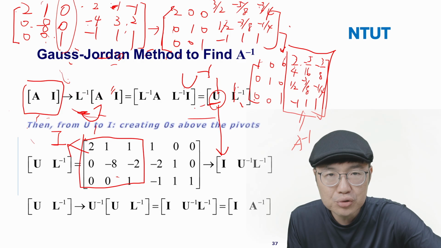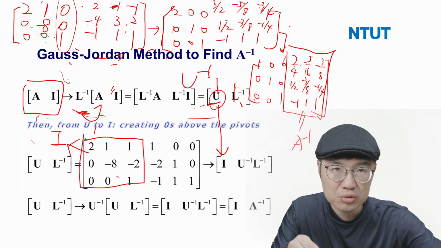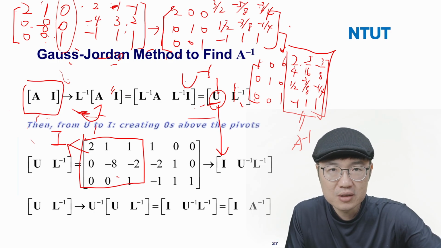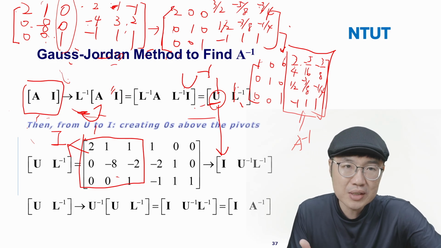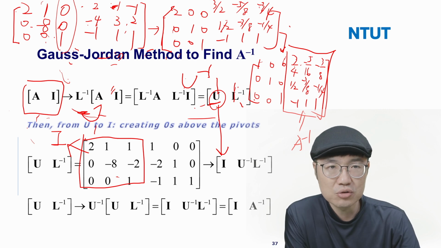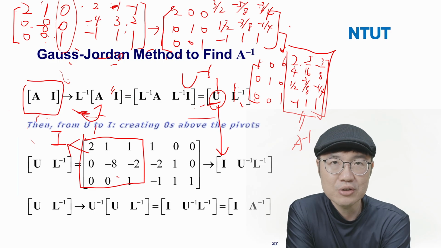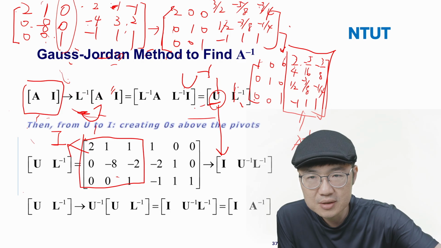Yeah, because U inverse turns U into I. U inverse will transform U so nothing happens. So it is U inverse that we keep doing in the second part. We don't know what we are doing in the beginning, but when U is turned into I gradually, all those row manipulations are U inverse. So it is U inverse.